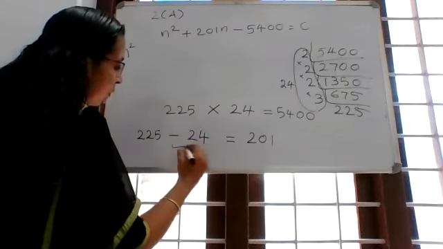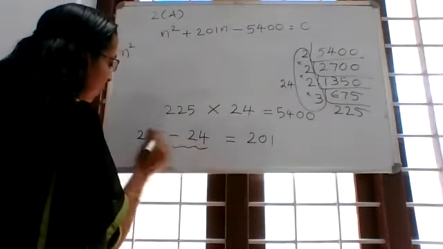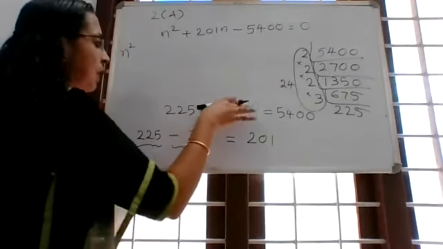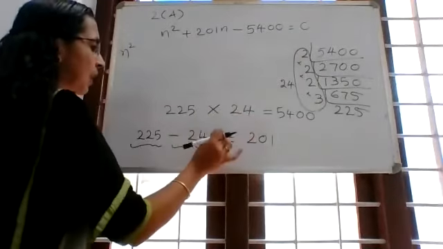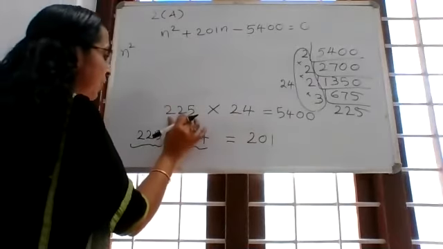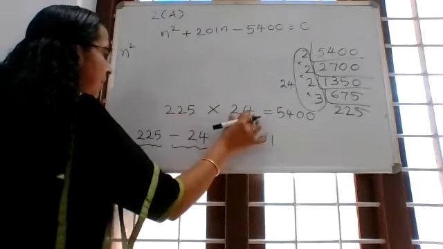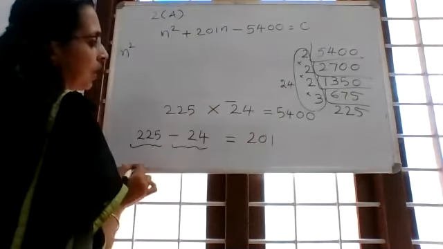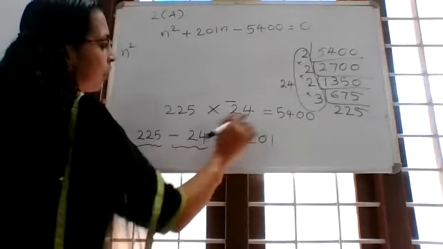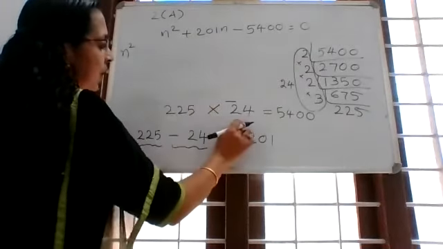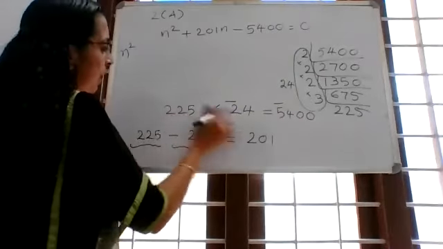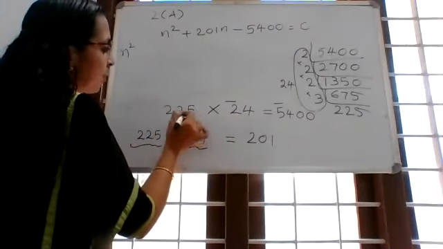So now we took 24 as negative and 225 as positive. Same thing we want to apply in this part also. Positive 225 and negative 24.